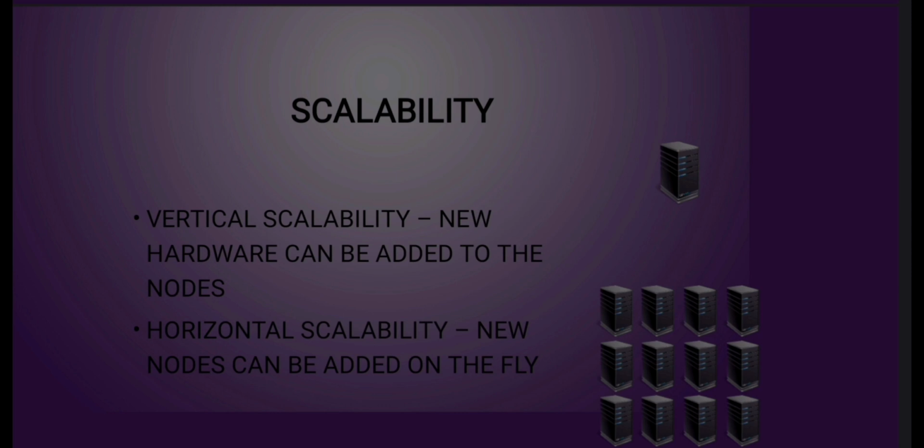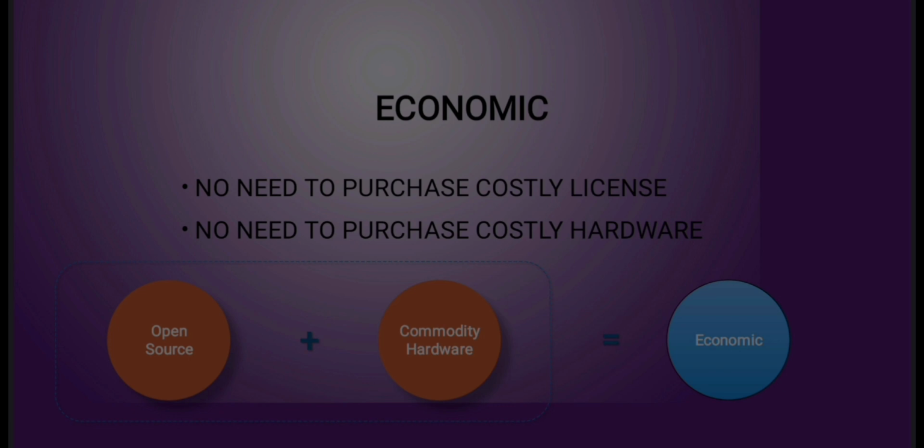There will be no downtime for end user applications due to data. Scalability. In scalability, there are two types: vertical scalability and horizontal scalability. In vertical scalability, new hardware can be added to the nodes, and in horizontal scalability, new nodes can be added on the fly. Economic. No need to purchase costly licenses and no need to purchase costly hardware.